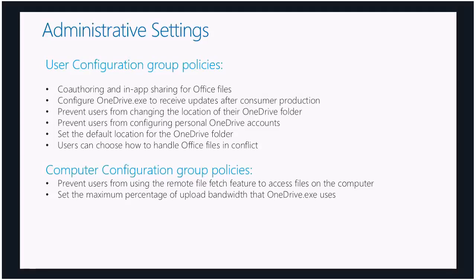Those are policies we can use to decide how exactly users can get these files. So check the first group policy here. This policy can enable live co-authoring or in-app sharing for the Office files, right?